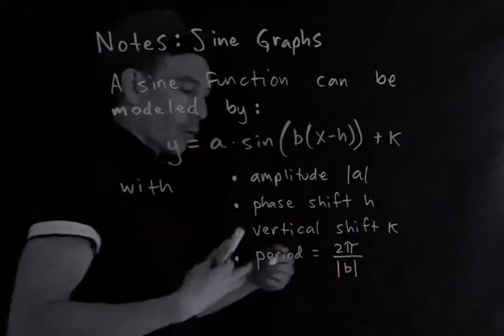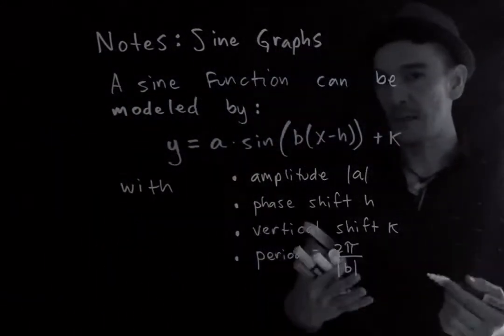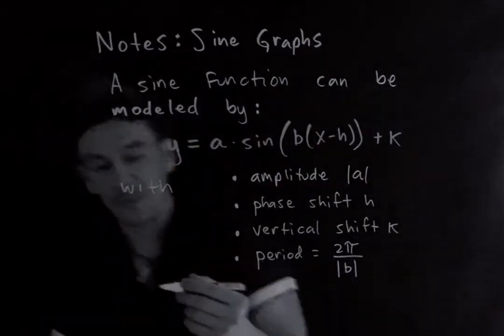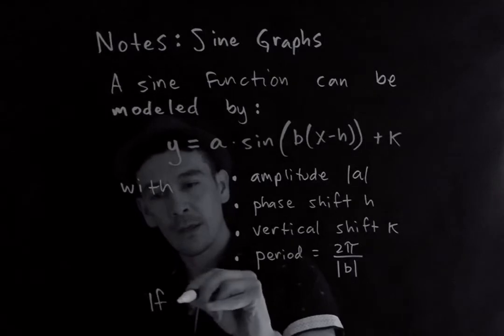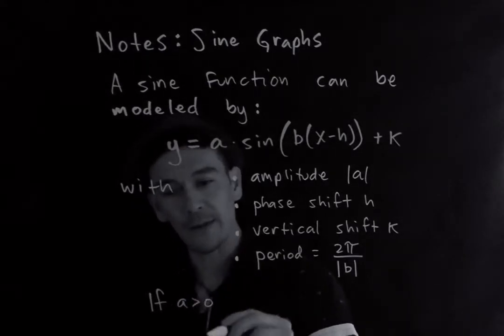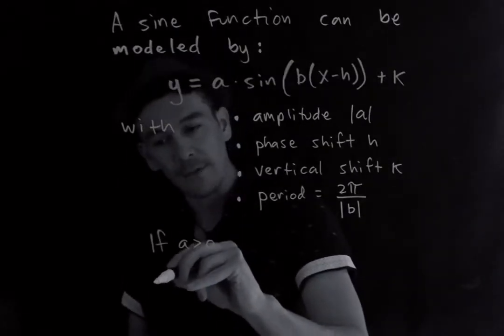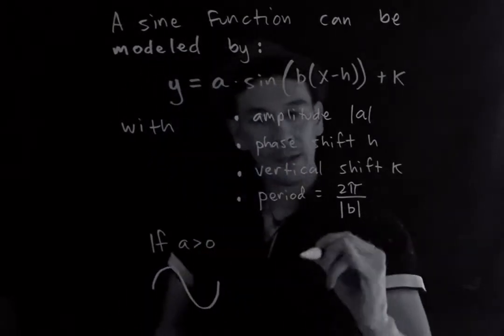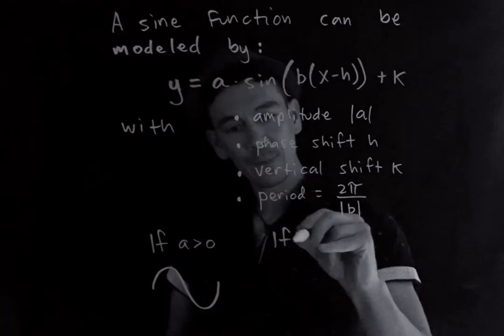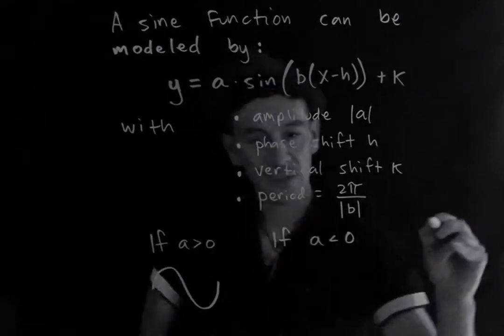Now, what about the orientation of the sine wave itself? There are 2 cases. If A is positive, then your sine wave will go up, then down. If A is negative, the orientation is reversed.